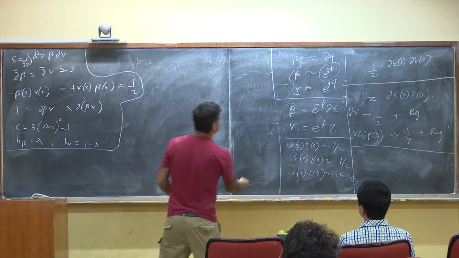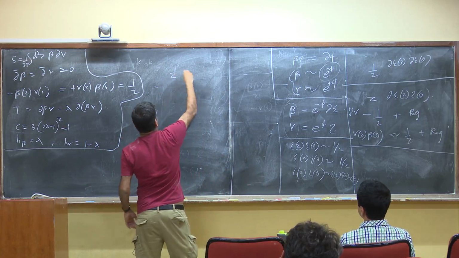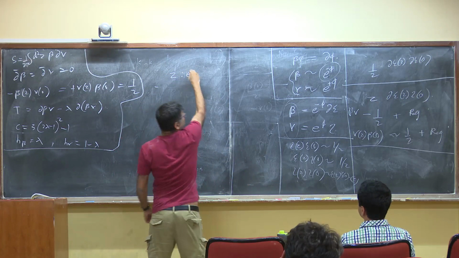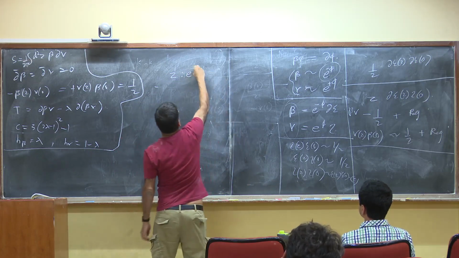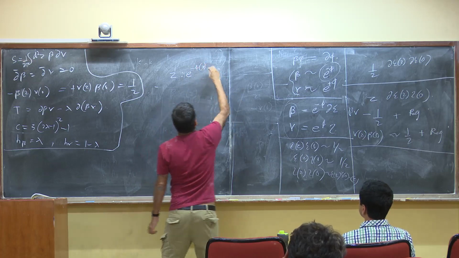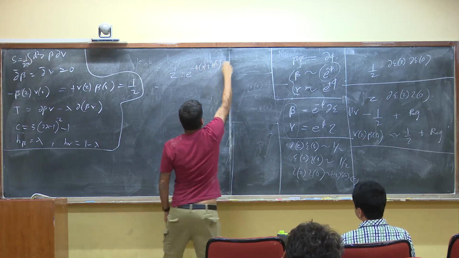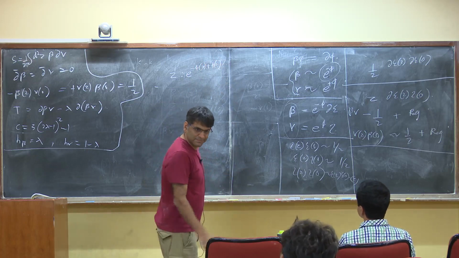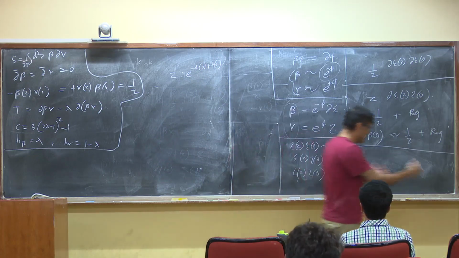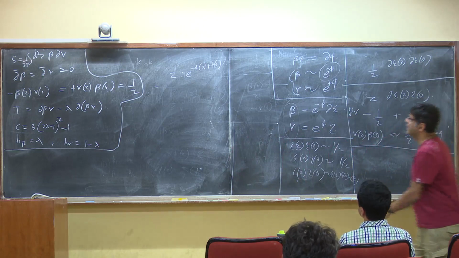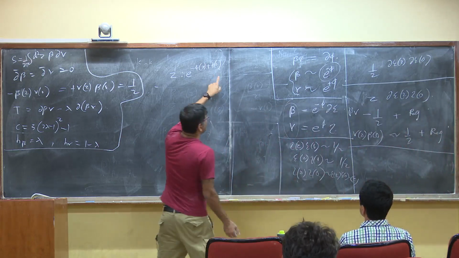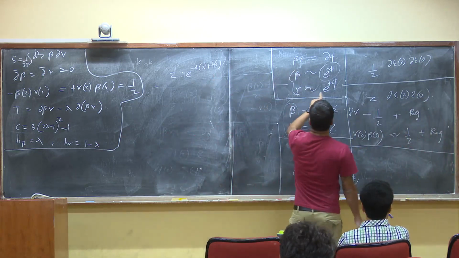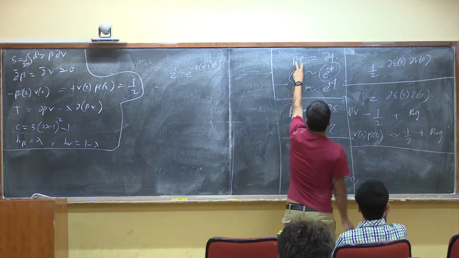So last time we got z times normal ordered e to the power minus phi of z plus phi of 0, right? But now let's look at the part that came from beta gamma.